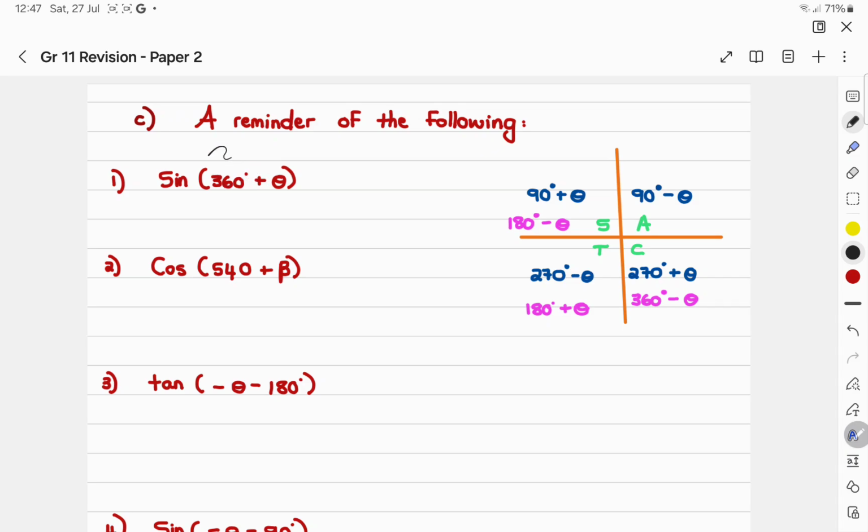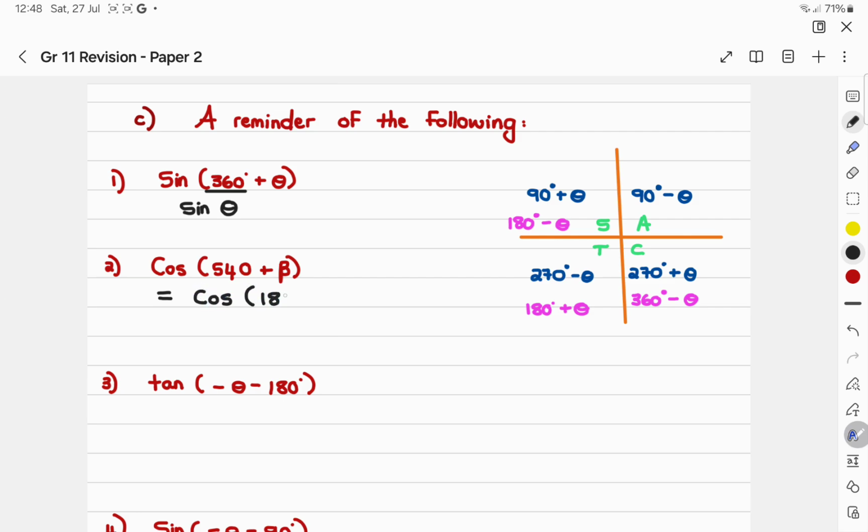So remember, you can always just go and subtract or add a full circle, and it will give you the same angle size. So I'm going to subtract 360, which leaves me just with a plain old sine theta, a positive. Okay, over here, if you want to take 540, you subtract a full circle, which is 360.